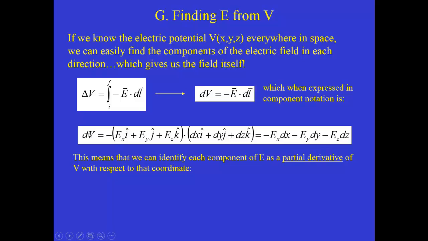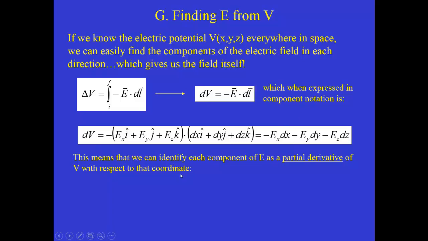And there's a simple elementary theorem in calculus that says if you can write a differential change in a particular function like this as individual components along different directions here, then each of these components is a partial derivative of the function along that particular direction.